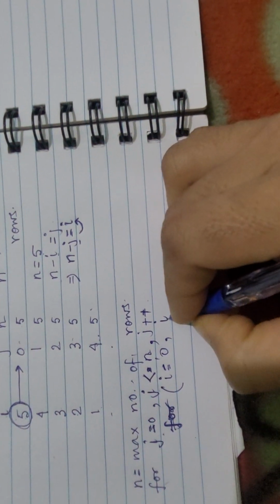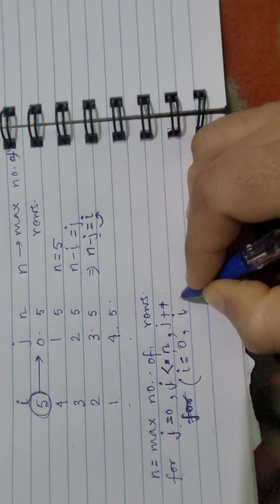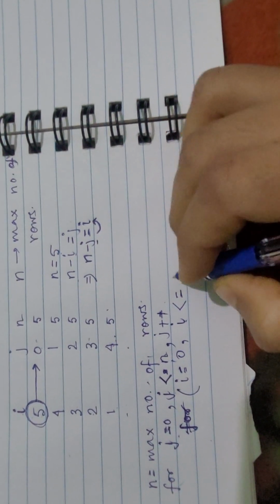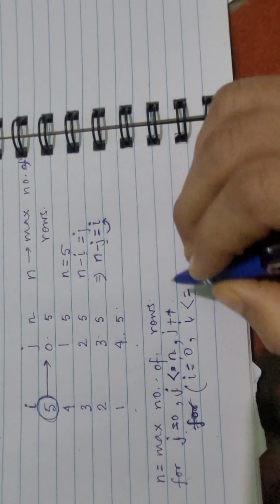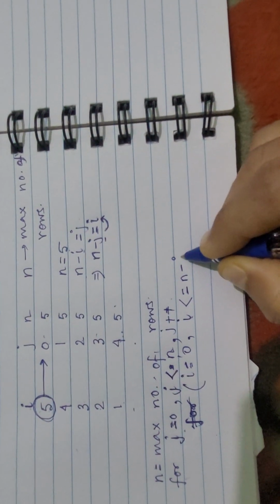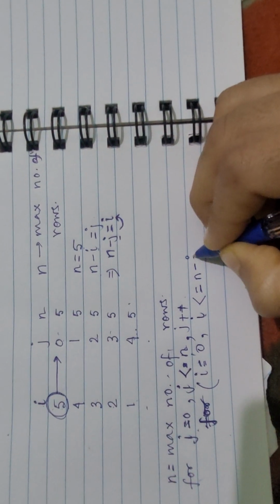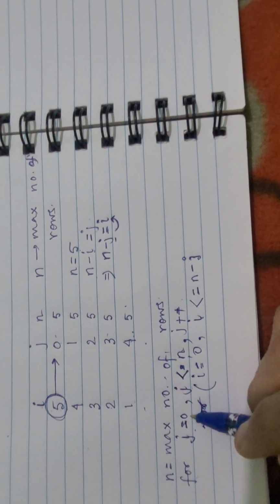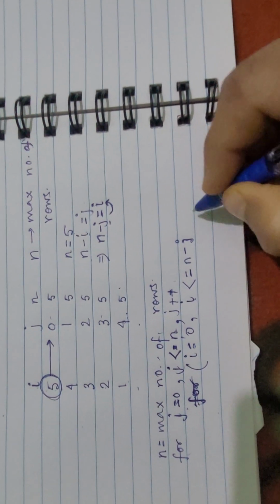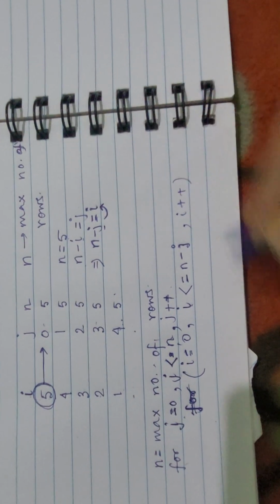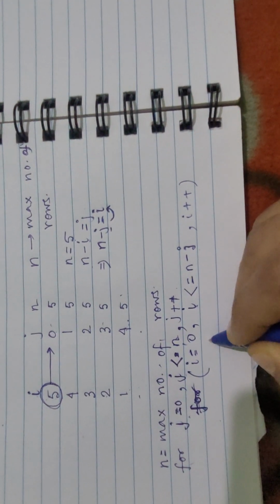Here also this should be the breaking condition: i will be less than or equal to n minus j. The j value you are getting from this value, and then i plus plus, that's over.